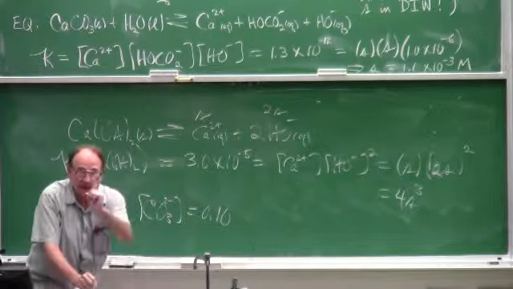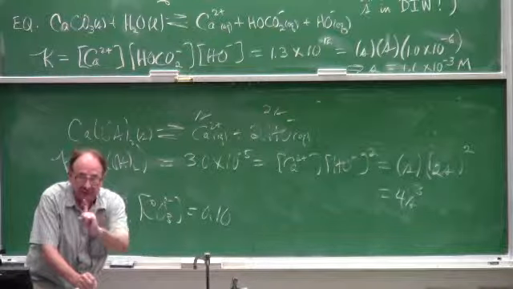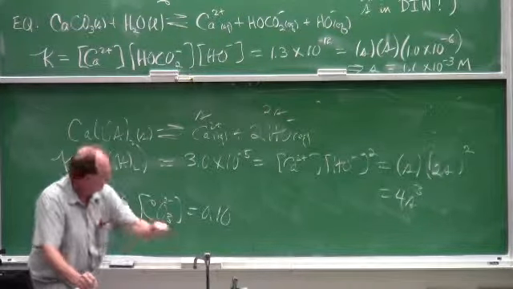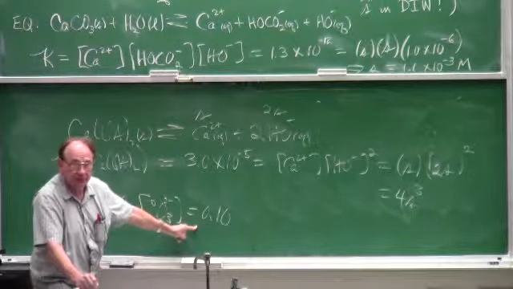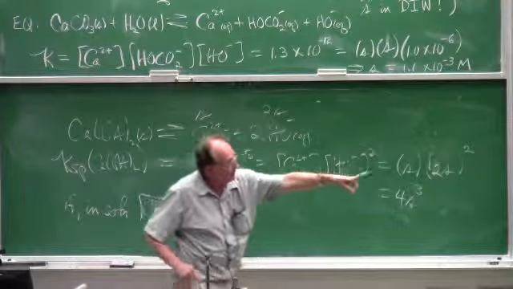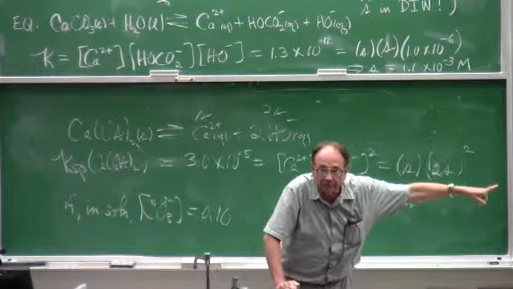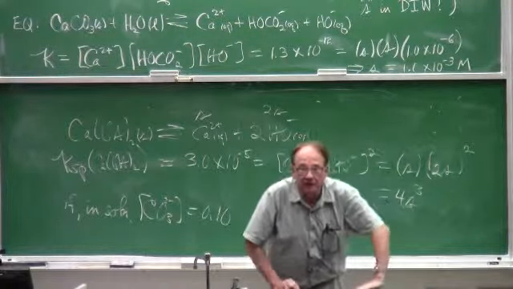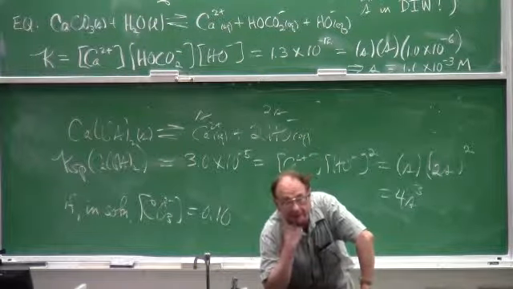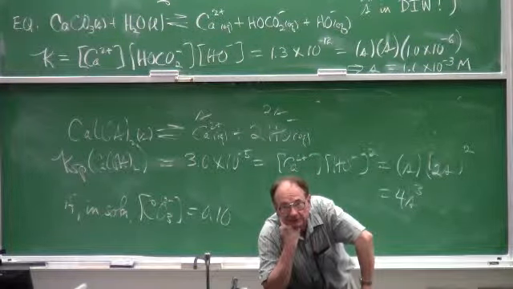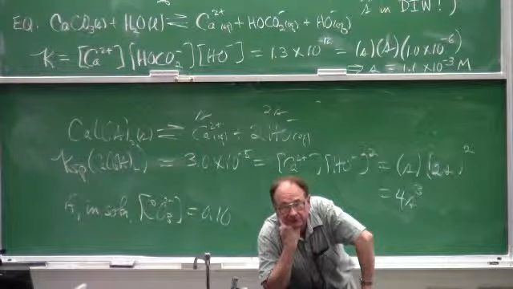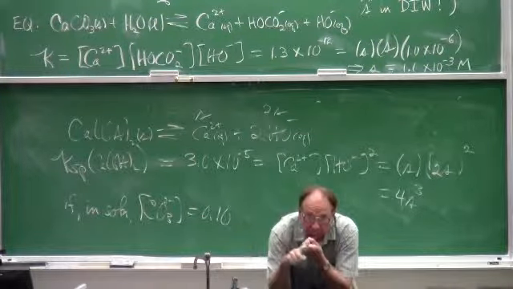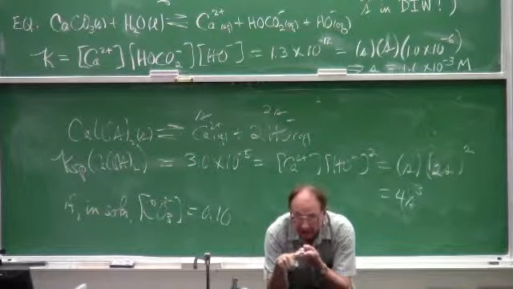If I take a solution that's got carbonate ion in it at 10th molar, so that I can compare it to hydroxide ion at 10th molar or sulfate ion at 10th molar, which of these systems more readily finds calcium ion? 10th molar sulfate ion, 10th molar hydroxide ion.